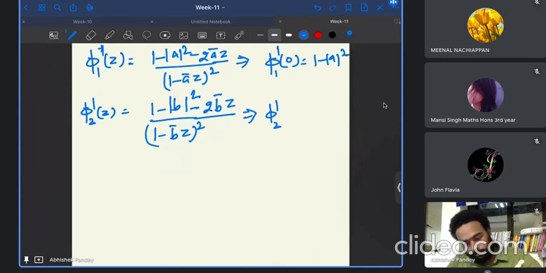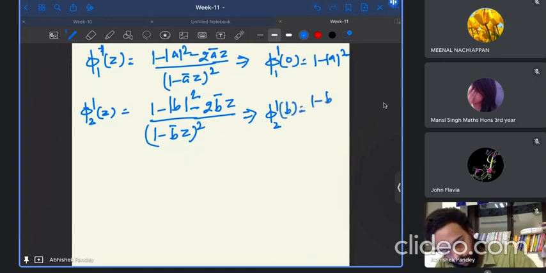Phi 2 dash of b will be 1 minus mod b square upon (1 minus mod b square) whole square.